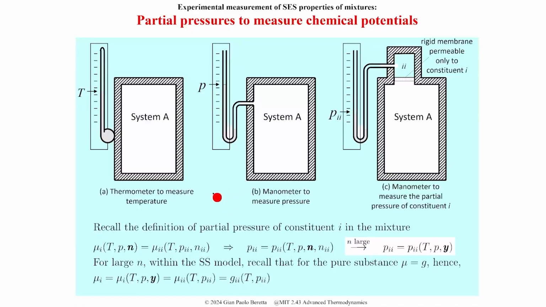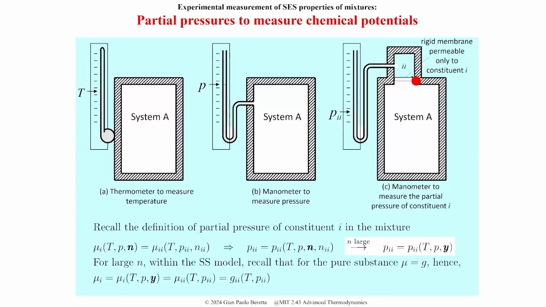And the way you can measure them is by a manometer, by measuring the partial pressure. So you need to develop rigid semi-permeable membranes capable of keeping all the molecules in the mixture, except one, inside the mixture, and allowing only the molecules of one type to cross.